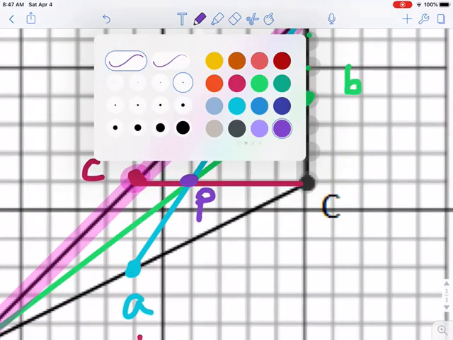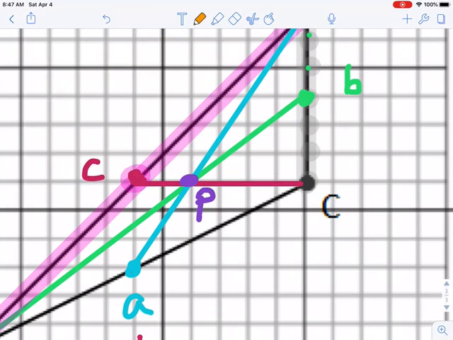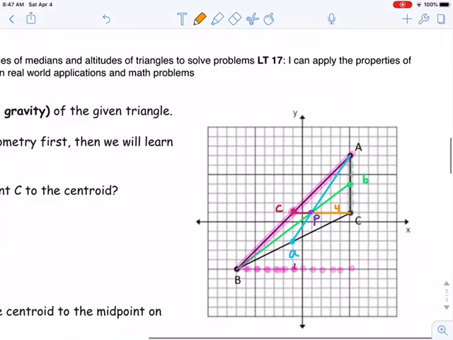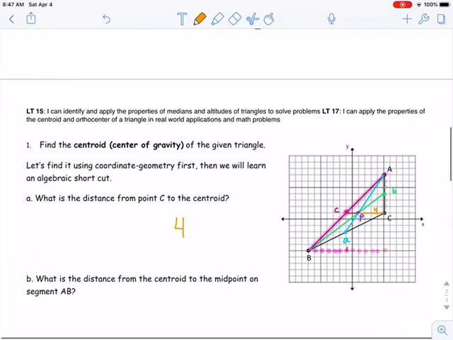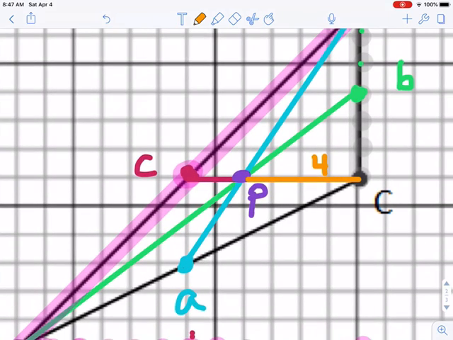It's asking us specifically about this length right here. It's 4. 1, 2, 3, 4. And what's the distance from the centroid to the midpoint on segment AB? So this was the midpoint on segment AB.